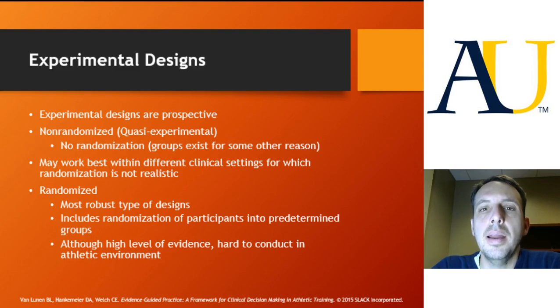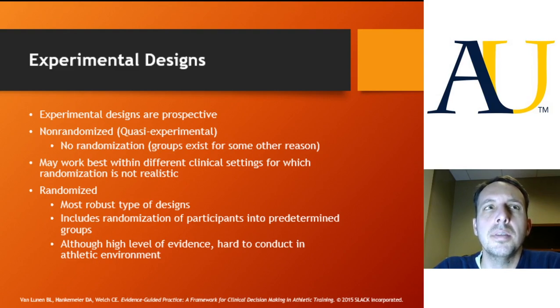So we have randomized and non-randomized experimental designs, and we talked a little bit about the randomization process and the value of randomization, in that by randomizing the groups, we can get a regression towards the mean of the overall components of each group, thereby trying to eliminate extra variables and have the only difference being the singular variable of the intervention.